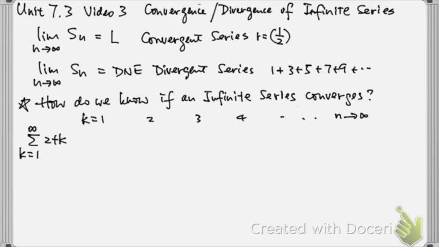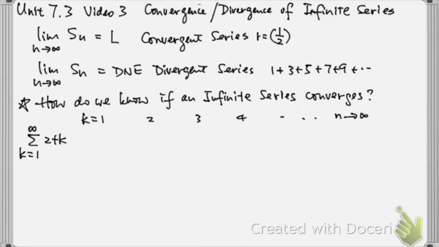Well, the natural question would be, how can we determine if an infinite series converges or not? So let's take a look at a couple of examples. Let's look at the previous example, sigma k equal to 1 to infinity, and each term is defined by 2 plus k.